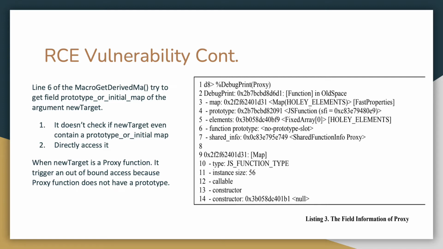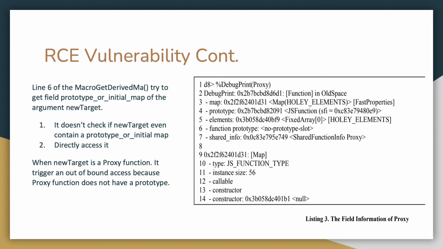And here lies the problem, because what if there is some sort of function that you call, for example, a proxy function. In this case, he discovered that it doesn't have any prototype slots. So what happens if the new target is a proxy function that doesn't have any prototype slot?